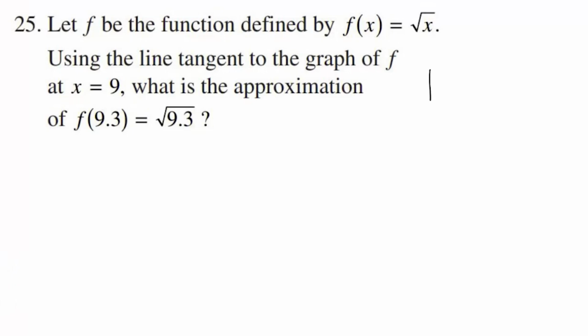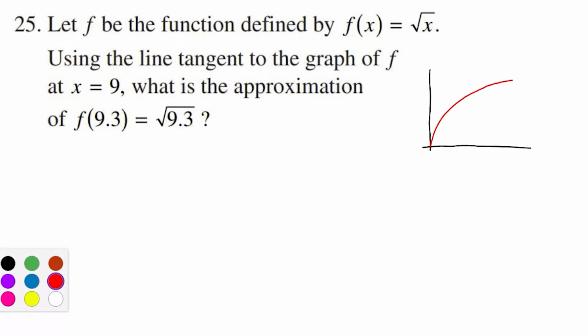So if we can visualize the graph of the square root of x, which is 1/2 of a parabola that's been turned over on its side, we are going to use a line tangent to this graph at x equals 9. This line might look something like this to estimate the value of f of 9.3, which would be very close to it.